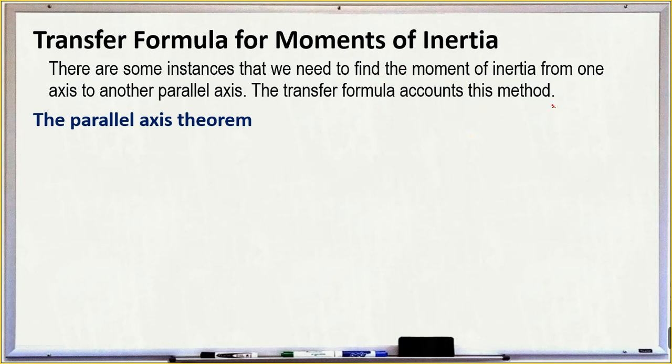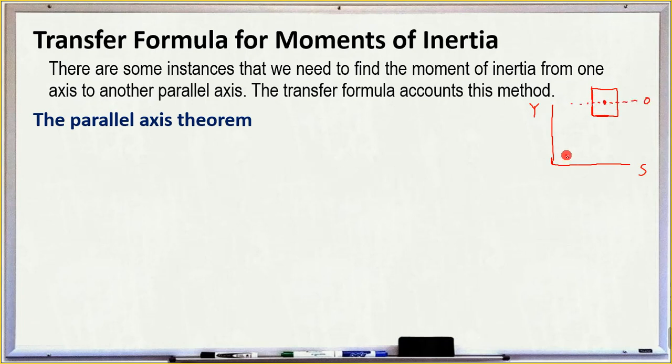Say for example, you have this coordinate system and you have a rectangle here. Let's say this is the centroid. The axis of its centroid is this one.